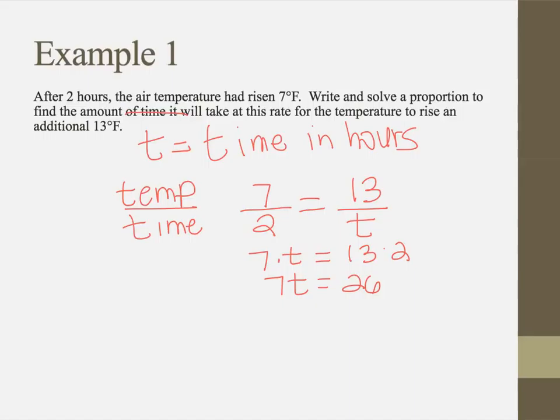So now we have to get rid of that 7, so we divide by 7, we get T left over here, and if I use my calculator, I come up with 3.7142857. Well, that's a lot. So I'm just going to round that to 3.7. Now we're not finished yet because we have to answer the question.